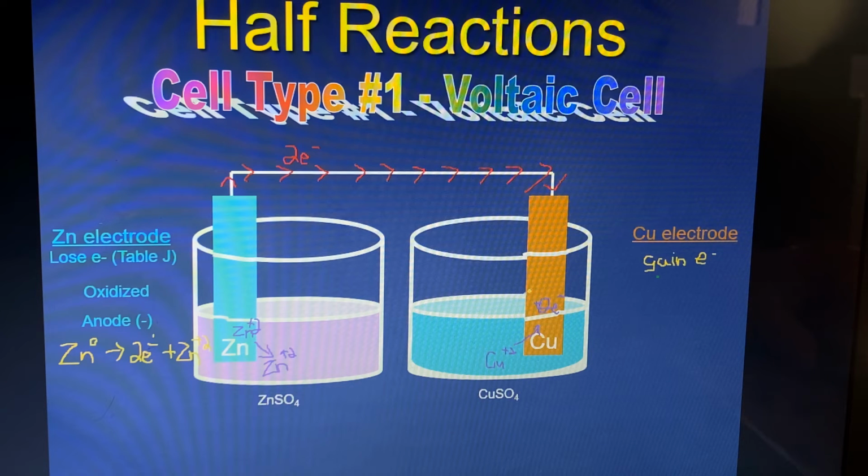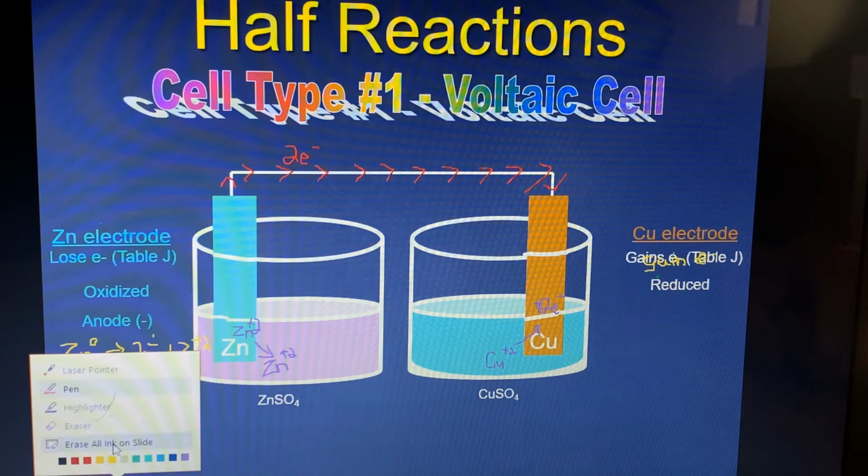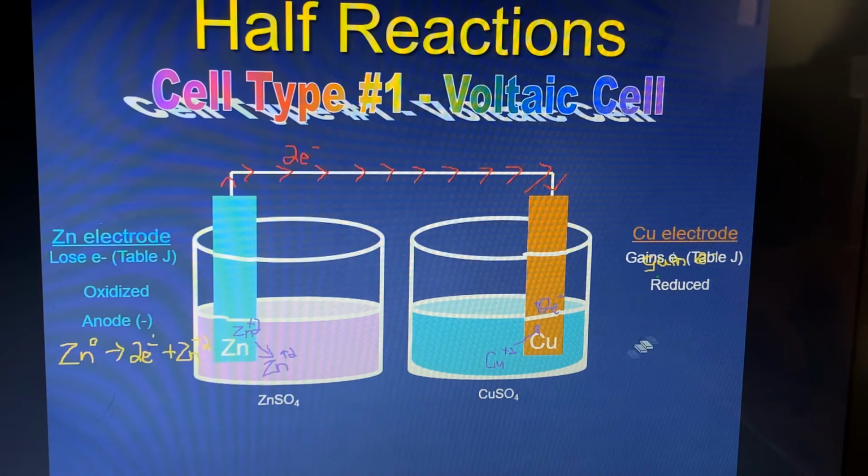Over here, this thing's gaining electrons, so it's going to be reduced. I'm just going to use the click because it's there. No, don't erase all ink. So it is reduced because it's gaining electrons from the zinc, because the copper is less reactive than the zinc.